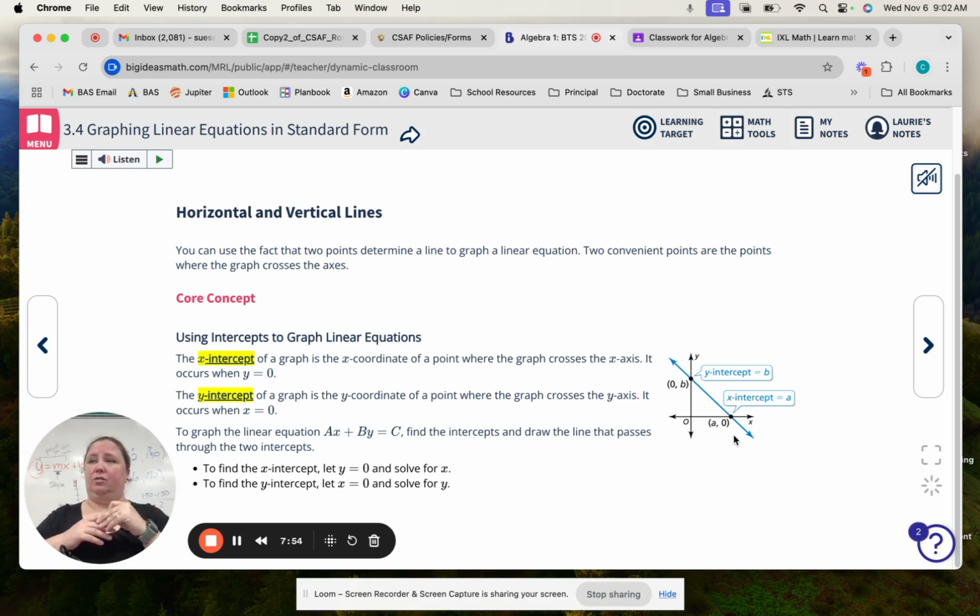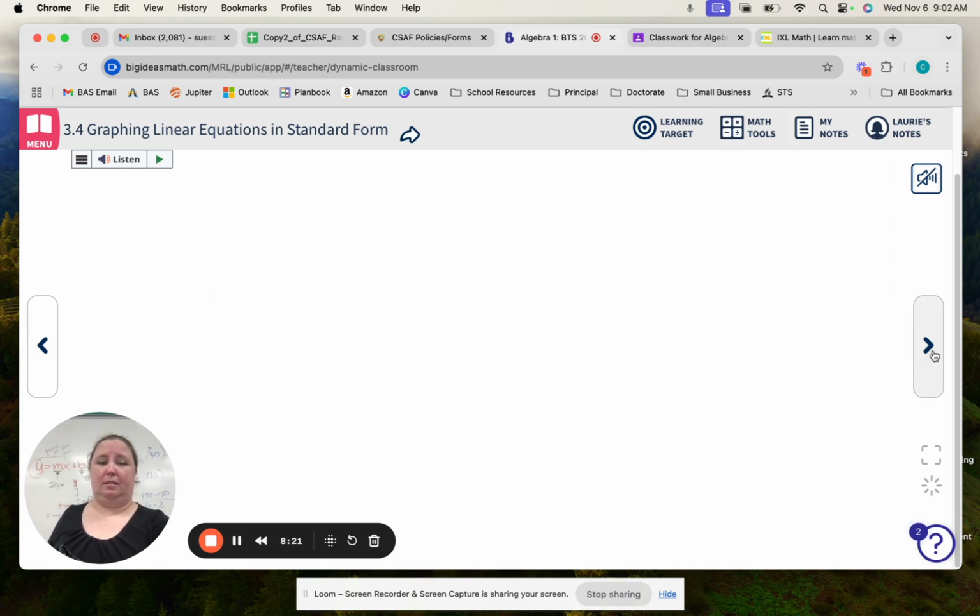Instead of finding 2 random points, we're finding the intercepts specifically. So, as I said earlier, to find the x-intercept, you plug a 0 where y is, and then solve for x. To find the y-intercept, you plug a 0 where the x is. Which makes sense, because if I have the equation, and I just want to know one variable, not the other, to get rid of a variable, you times it by 0. Okay? So let's practice this.